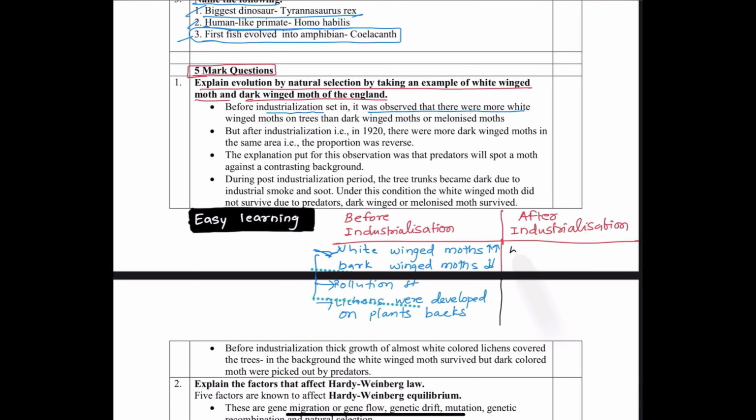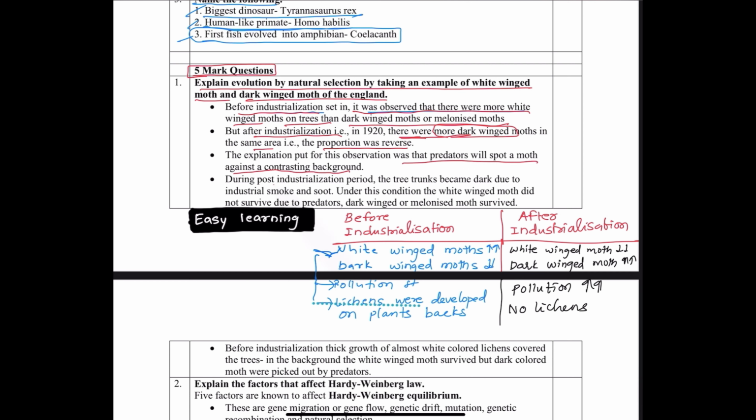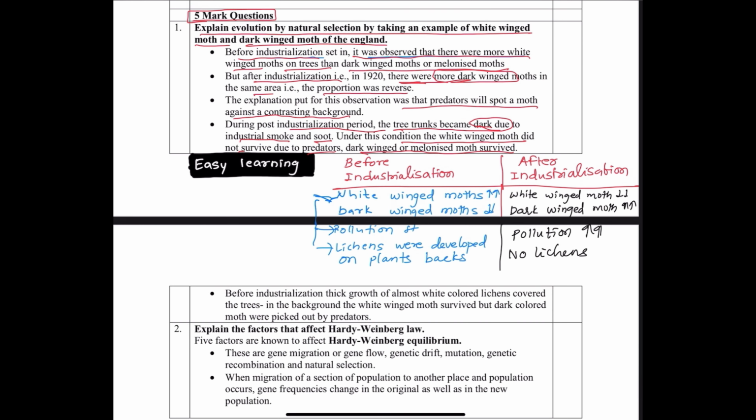Then after industrialization, the scenario got reversed. The number of white-winged moths decreased, dark-winged moths increased, pollution increased. Lichen is completely absent after industrialization because of the more pollution. So this is the best example for industrial melanism, and this industrial melanism explains natural selection.